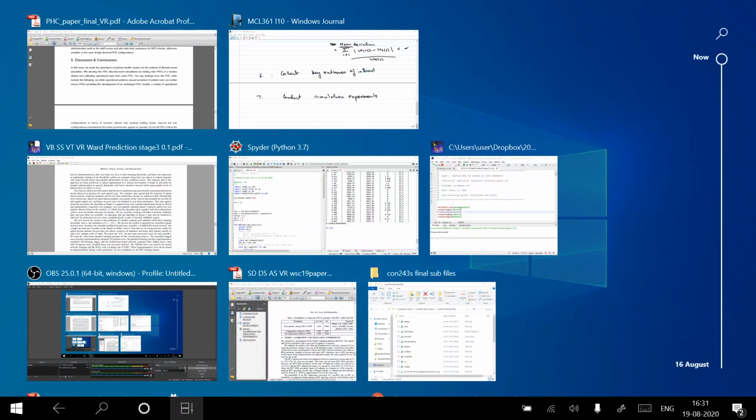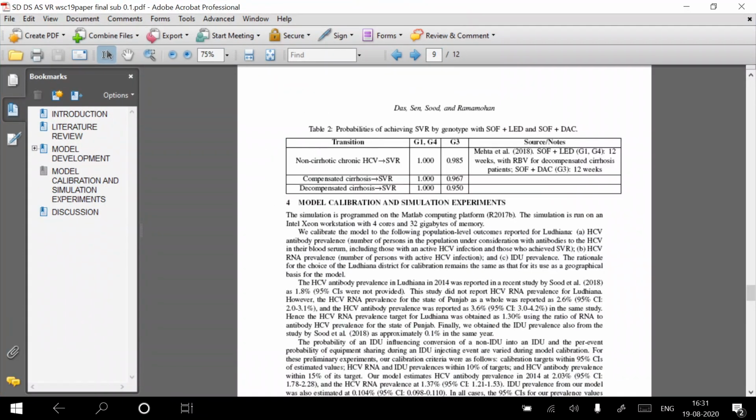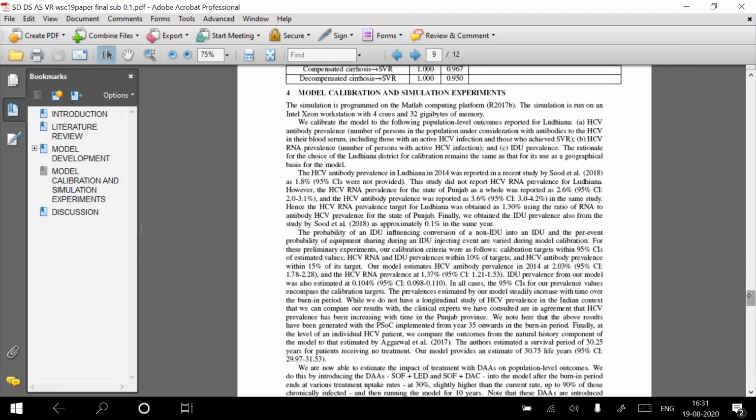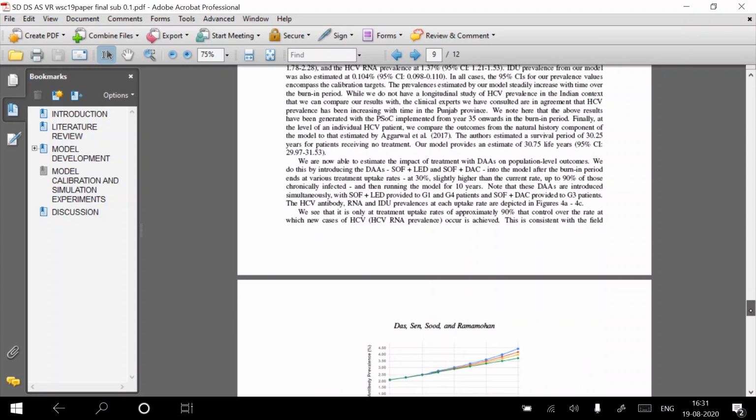Another example I'll show you in the context of Monte Carlo simulation. Once again, I don't have that paper open, so I'll show you in the context of agent-based simulation, right? So here we do the validation. So this is the calibration part, actually the calibration of the model, and then we discuss the simulation experiments. So we are now able to estimate the impact of treatment on population level outcomes.